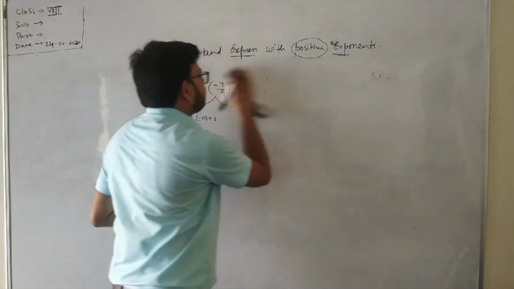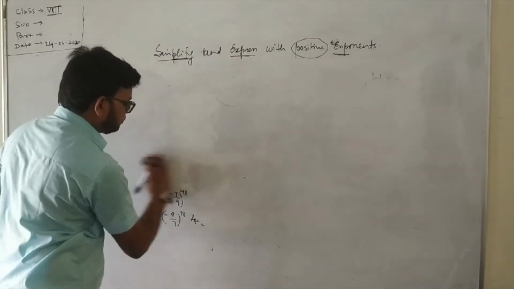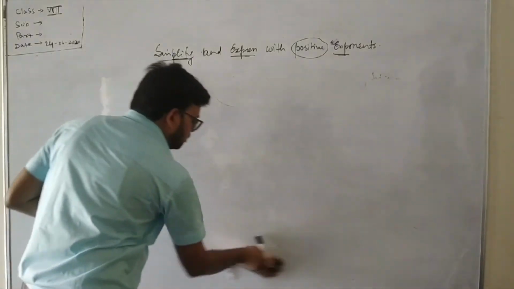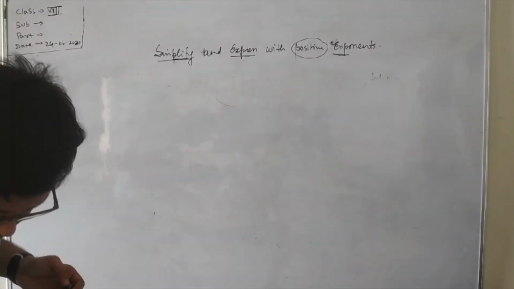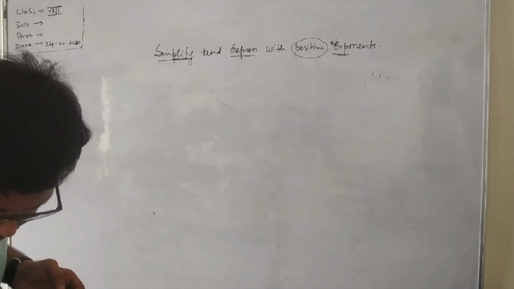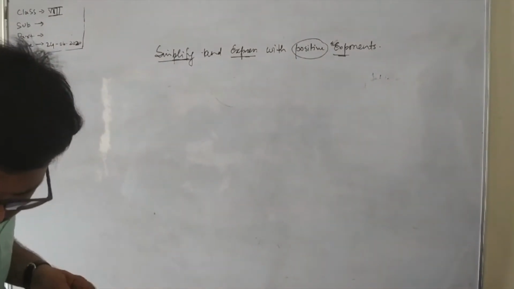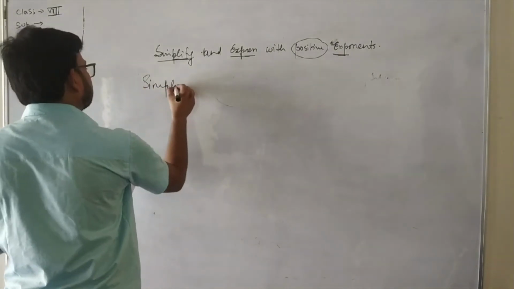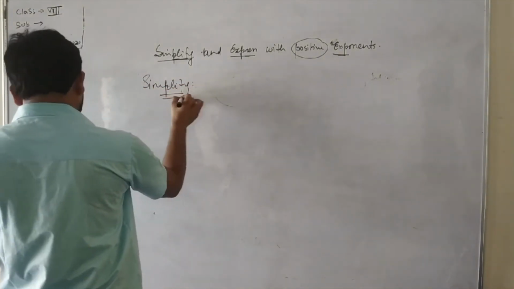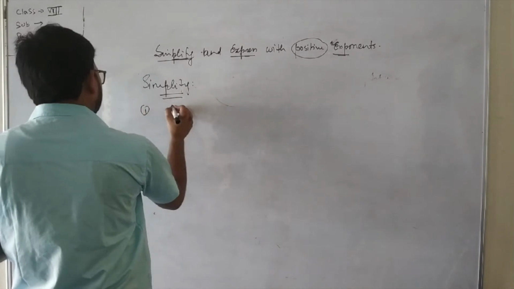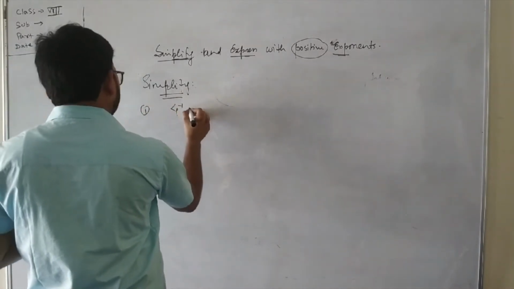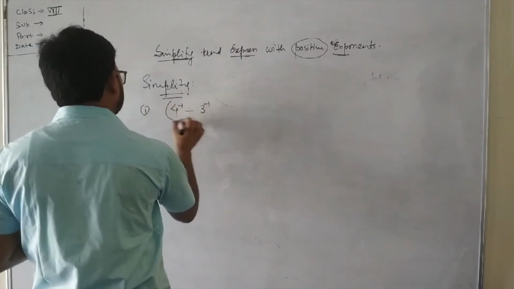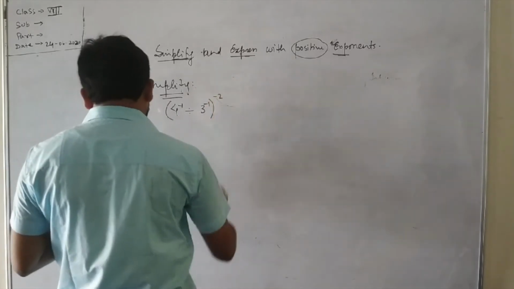Now come to the next question. Simplify. Question 1: 4 to the power minus 1 divided by 3 to the power minus 1, whole to the power minus 2.